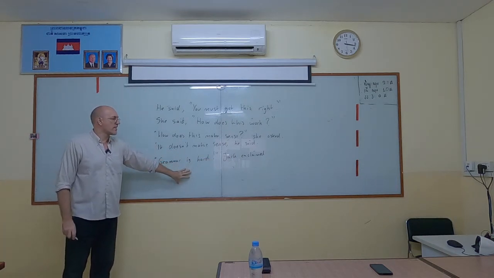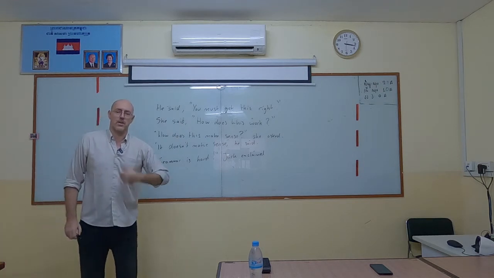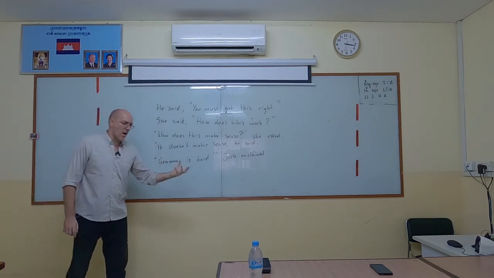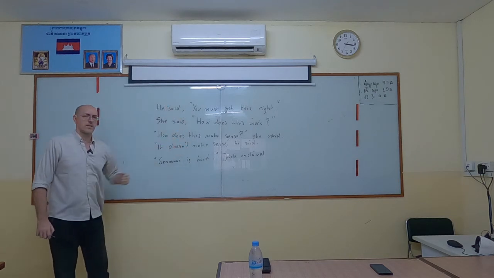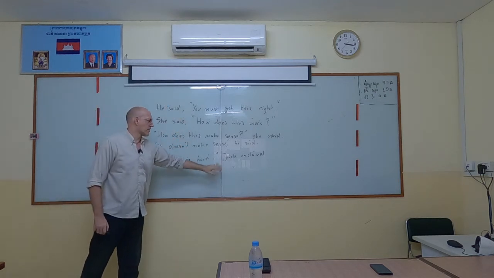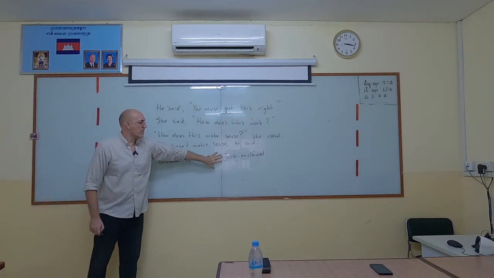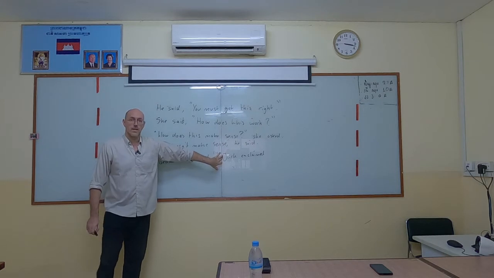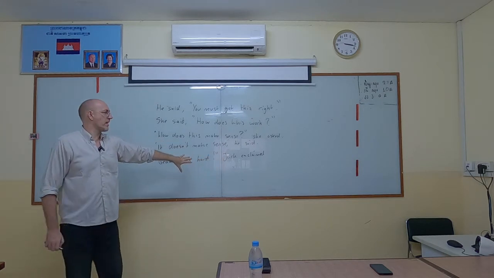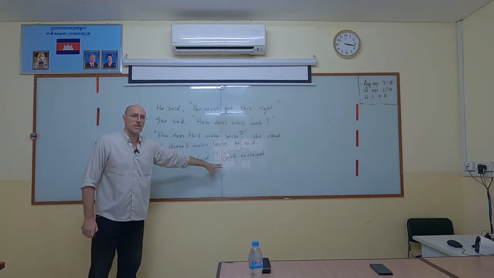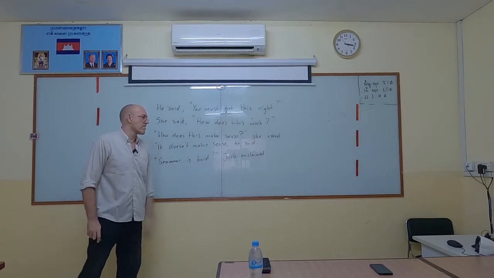It wasn't just said, it was said with force, it was said with power. Grammar is hard. This doesn't make sense. Grammar is hard, punctuation in this case, Jack exclaimed. Now again, another exception here is when we have a proper name, which always starts with a capital letter. That always is a capital letter no matter where we see it in a sentence.